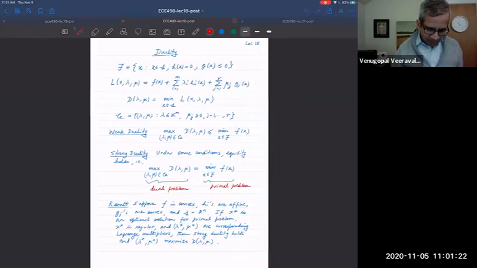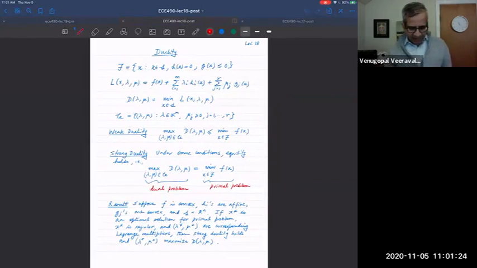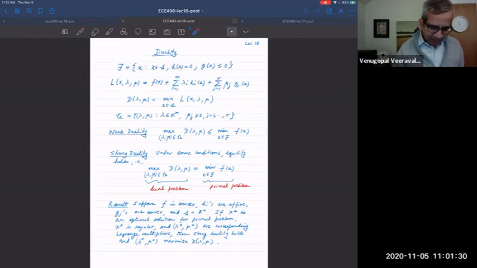So we were talking about duality in lecture 18. The dual problem, if you remember, is the minimization of the Lagrangian essentially over x. That gives you a function of the Lagrange parameters lambda and mu.